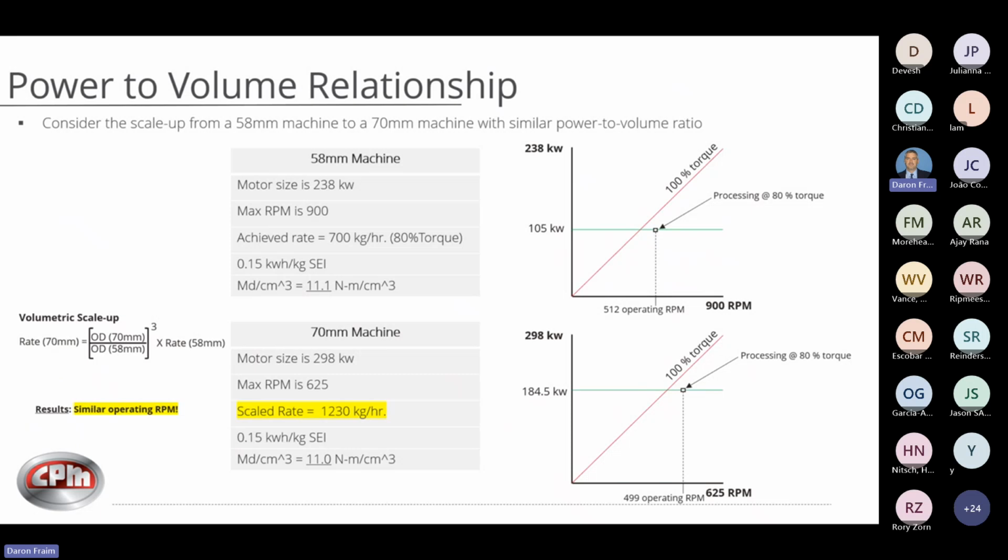Not far off. You're at 512, 499. So the idea here is to understand that when you scale these machines, if the torque density is very close, then you'll operate at very close to the same RPM levels. But if the torque densities are quite different, you just realize your operating RPMs may be significantly different.